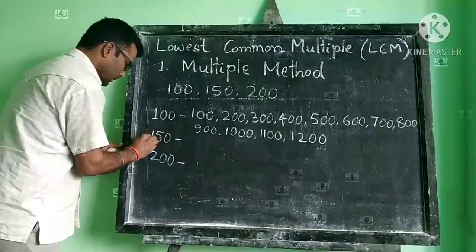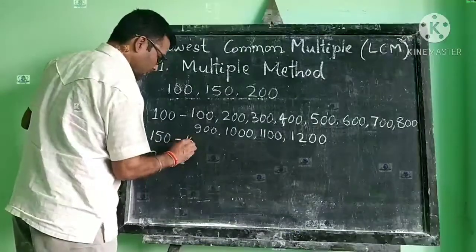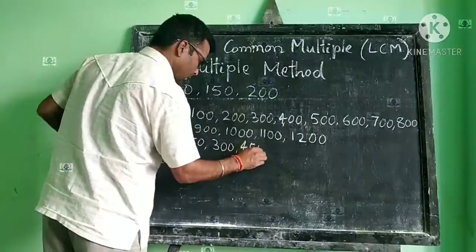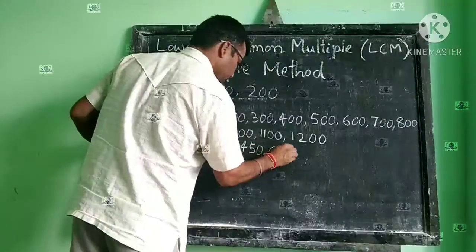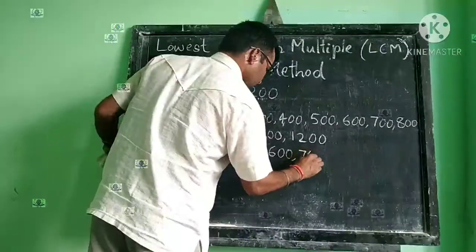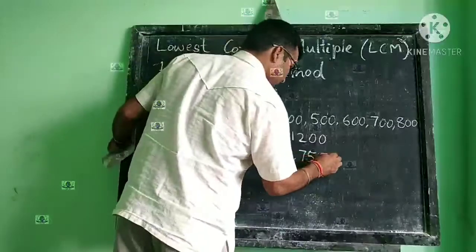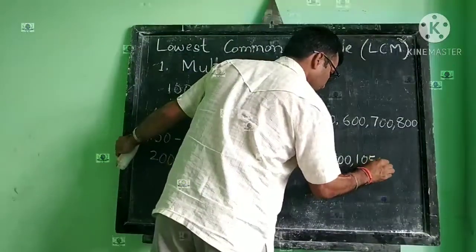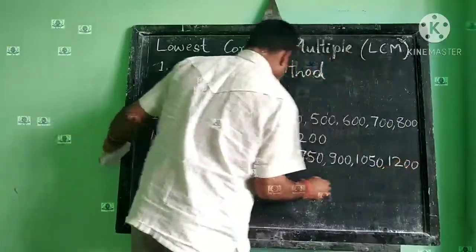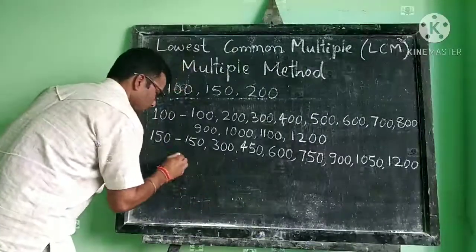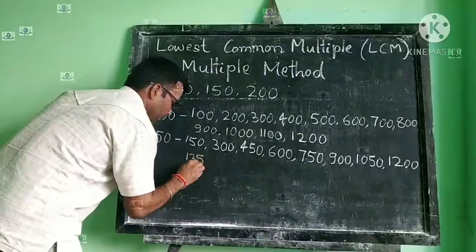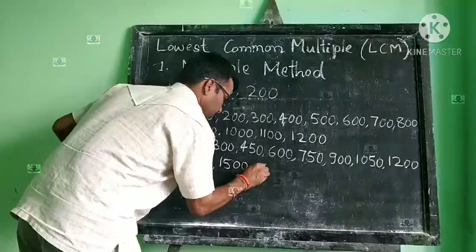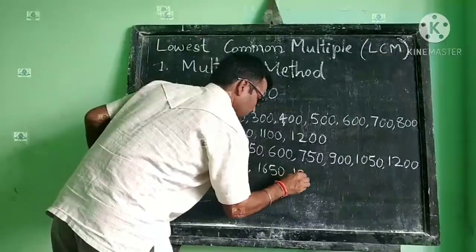Now in the same way we write the multiples of 150. 150 ones are 150, twos are 300, threes are 450, fours are 600, fives are 750, sixes are 900, sevens are 1050, eights are 1200, nines are 1350, tens are 1500, elevens are 1650, and twelves are 1800.